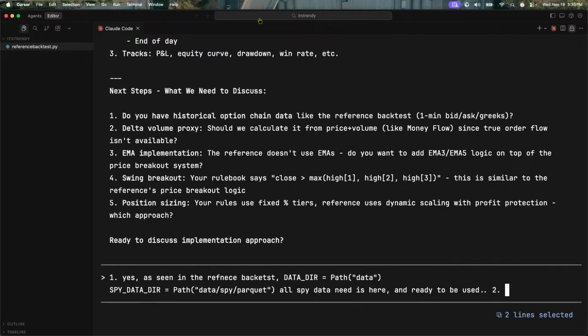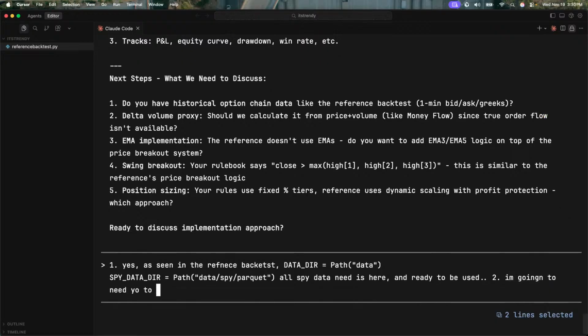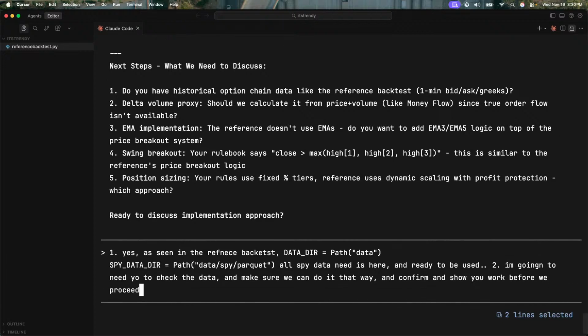Two, delta volume proxy. Should we calculate it from the price plus volume like the money flow, since the true order money flow isn't available? I'm going to need you to check the data and make sure we can do it that way, and confirm and show your work before we proceed.